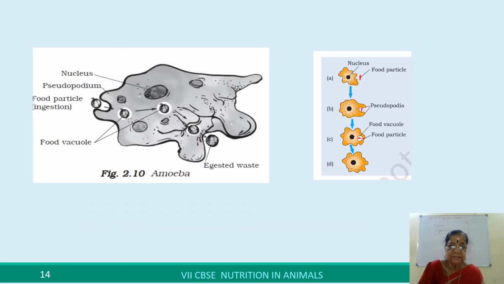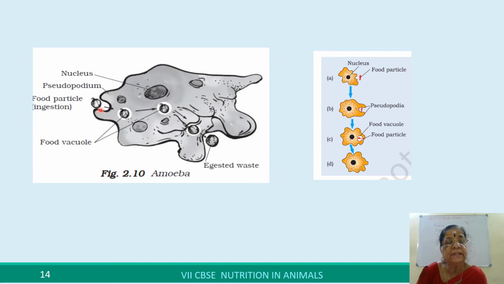Right? Now this is amoeba. Nutrition in amoeba: how does it take its food? We know that amoeba is a unicellular organism where all the activities take place through the entire structure. As you see here, food enters through the pseudopodia.